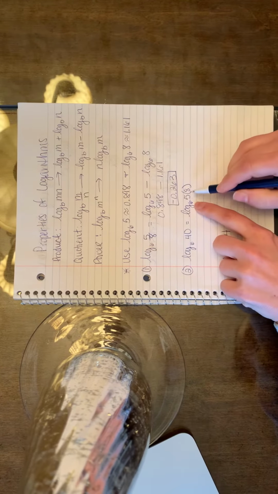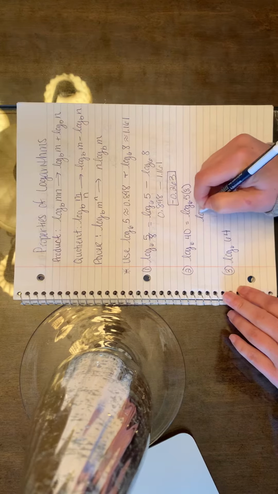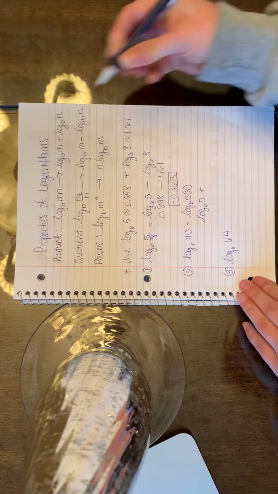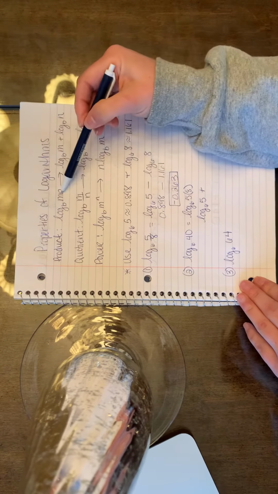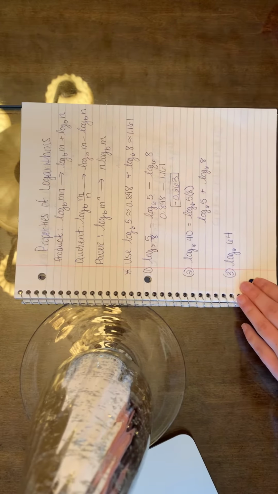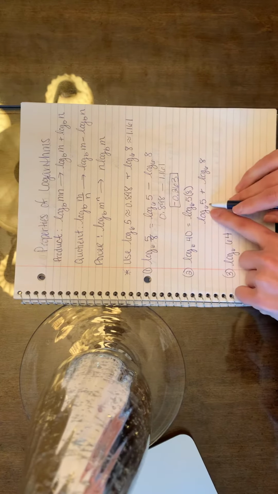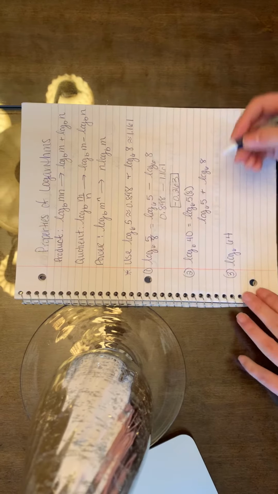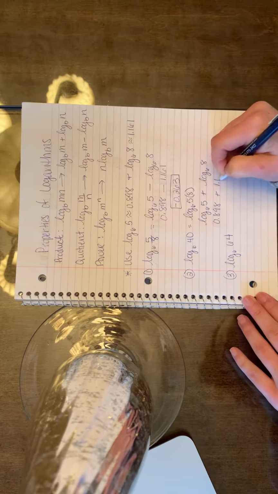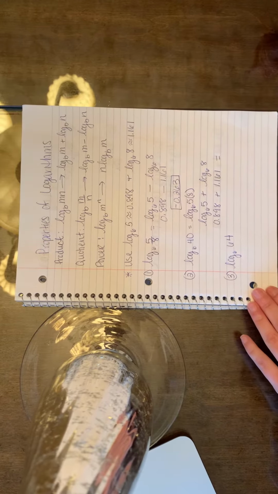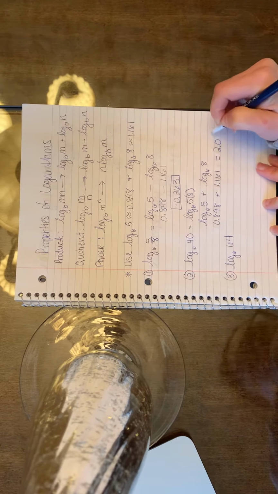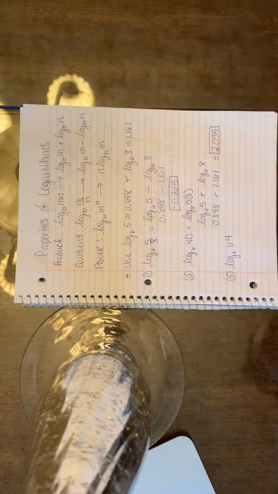Since this is multiplication, this turns into log base 6 of 5 plus, product, multiplication, addition, log base 6 of 8. Do we know how much log base 6 of 5 is? Yep, that was in our directions. That's 0.898 plus 1.161. And what answer do you get when you add those two together? 2.059. Done.